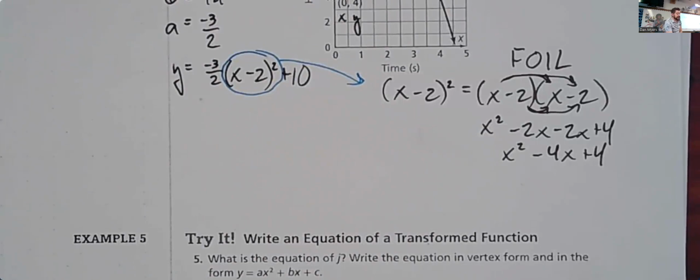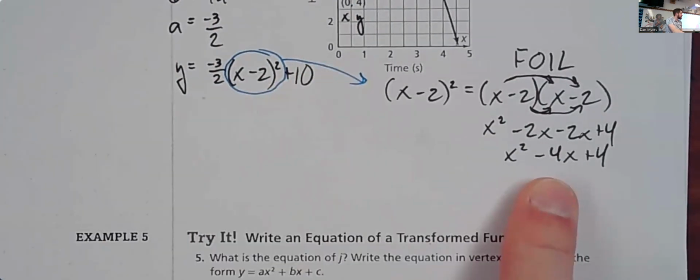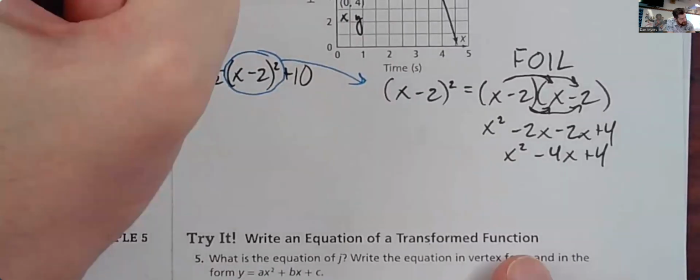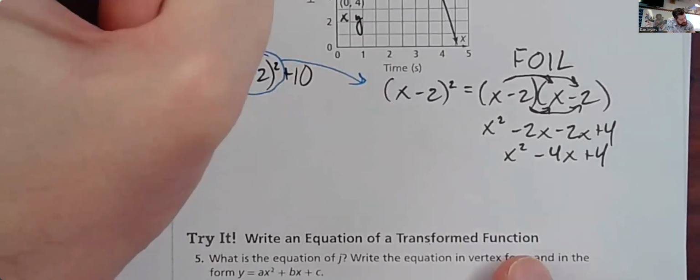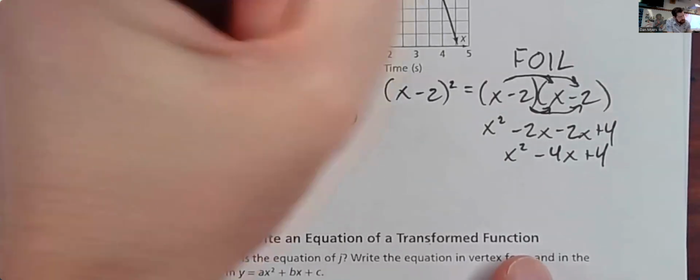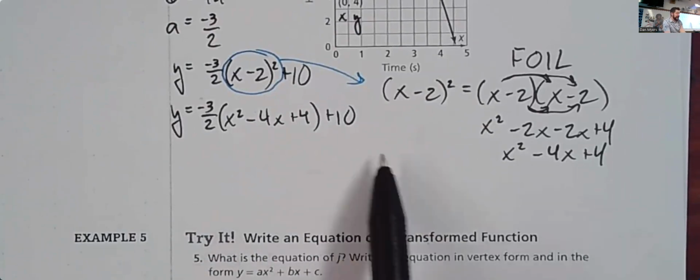And so what we're going to end up writing is we're going to put this back in place of (x minus 2) squared because we've expanded it out by multiplying. So this will be y equals -3/2 times (x squared minus 4x plus 4), and then plus 10. So we got two more things we need to do. We have to distribute and then add 10.